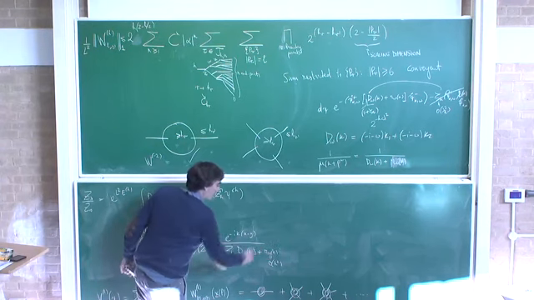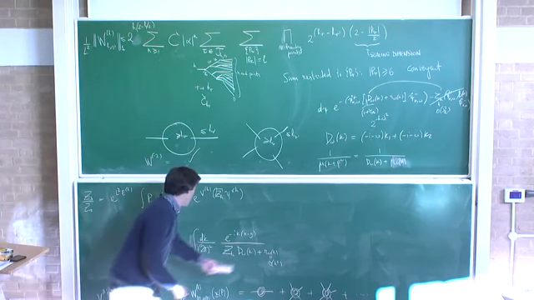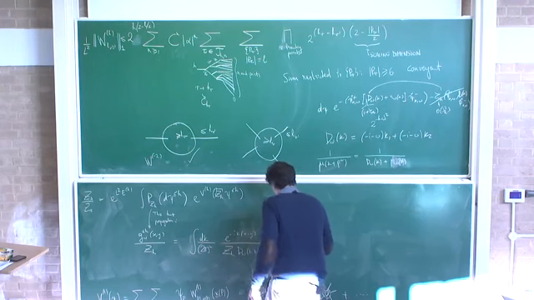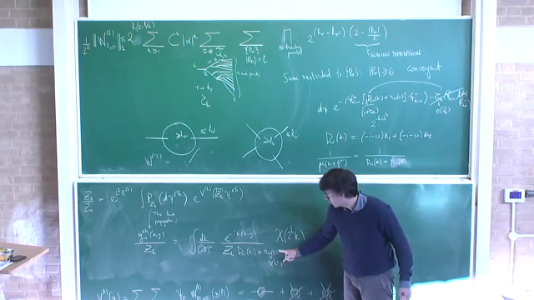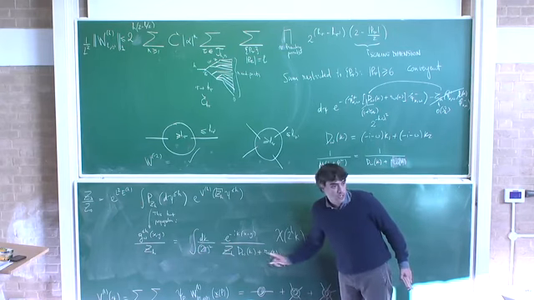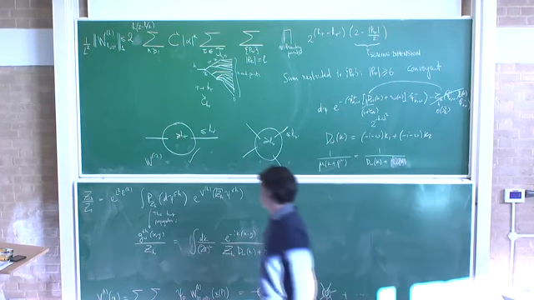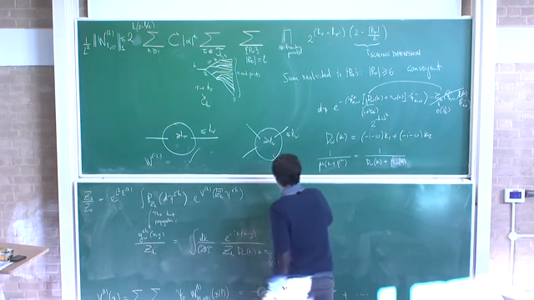The order k squared term is left as it is. But notice that when h becomes very negative, this is order 2^{2h}, and this is order 2^h, so it really scales to 0 compared to the first one.